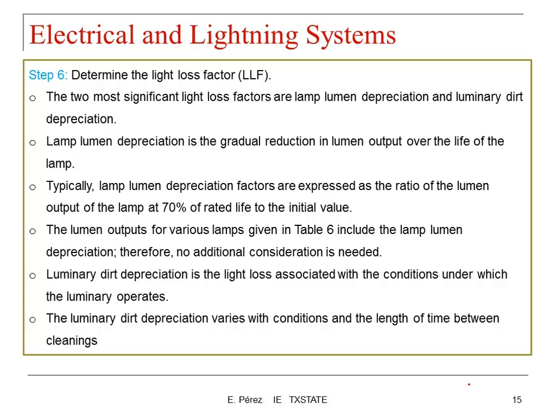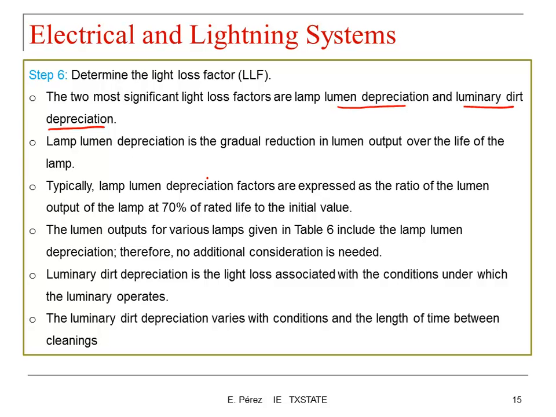Step 6, determine the light loss factor. So the two most significant light loss factors are lamp lumen depreciation and dirt that is accumulated on the lamps. So lamp lumen depreciation is the gradual reduction in lumen output over the life of the lamp.